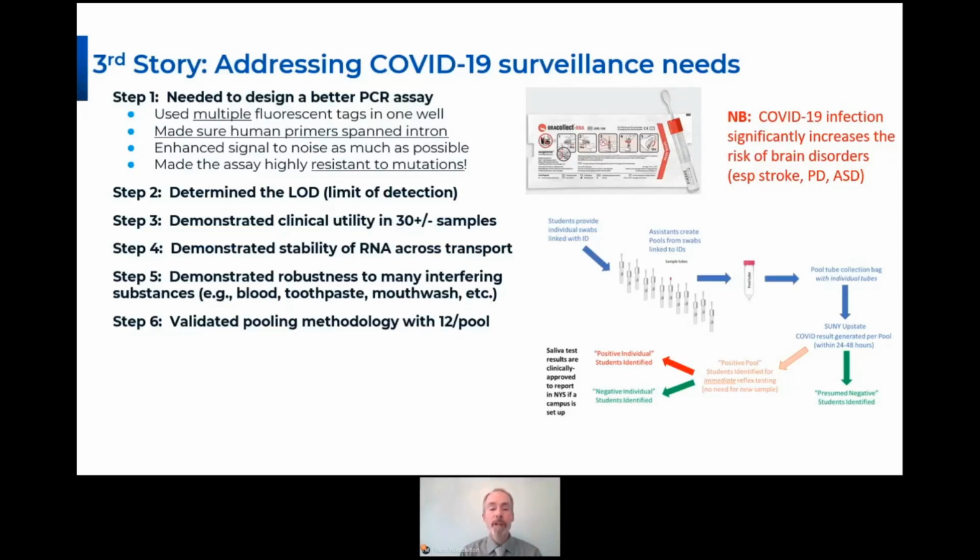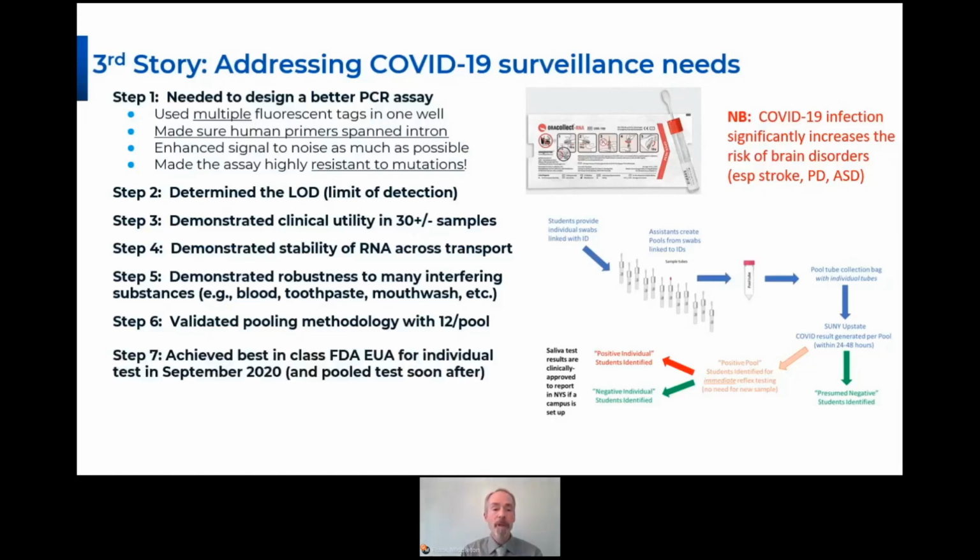If the pool was negative, it was a clinical negative result. But if the pool was positive, the individual swabs would be re-extracted so we could determine which one of those samples or multiple samples within the pool were actually positive for the SARS-CoV-2 virus. The sensitivity that we had for the individual test and the pooled test both achieved the best in class.